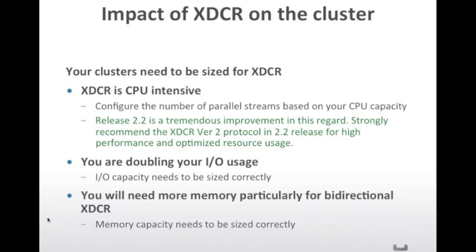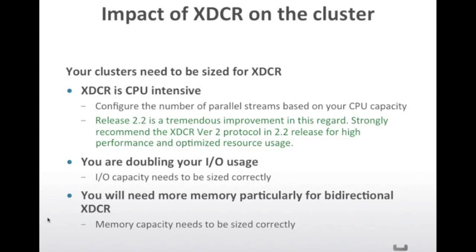It's important to note that your clusters need to be sized for XDCR. XDCR can be CPU intensive, and you configure the number of parallel streams based on your CPU capacity. However, in release 2.2, we have made tremendous improvements in this regard. So I strongly recommend, where possible, using the XDCR version 2 protocol in release 2.2.